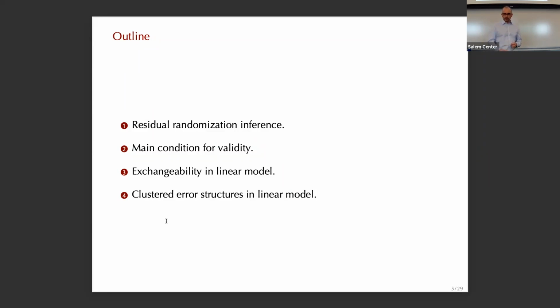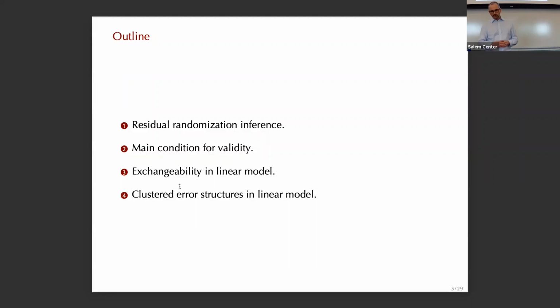And then I'm going to pivot to the linear model. So kind of move from this non-parametric model to the linear model. I'm going to show you how these general conditions of validity translate in the linear model. And you'll see that in this translation, we get some really simple, really intuitive conditions for validity in linear regression.